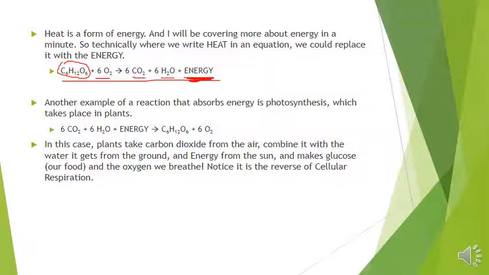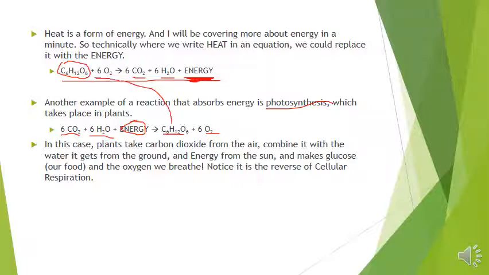Now, another example of a reaction that absorbs energy is photosynthesis, which plants do. They do the opposite of cellular respiration. They take the carbon dioxide that we breathe, the water that we give off, and they combine it with solar energy, and they make glucose and oxygen, which, guess what?